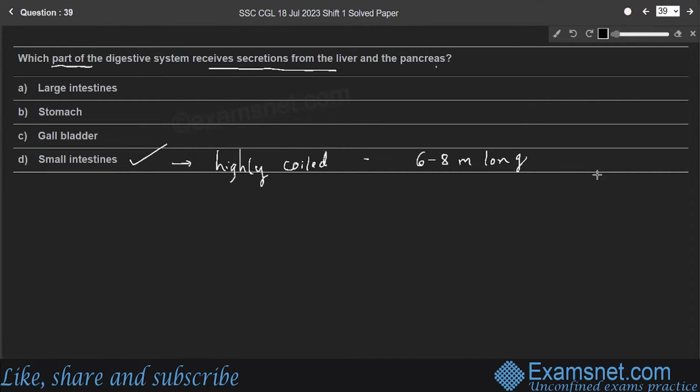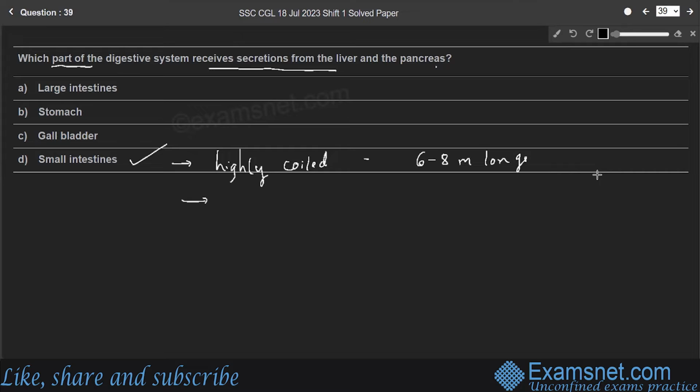The digested food can now pass into the blood vessels in the wall of the intestine. This process is called absorption.